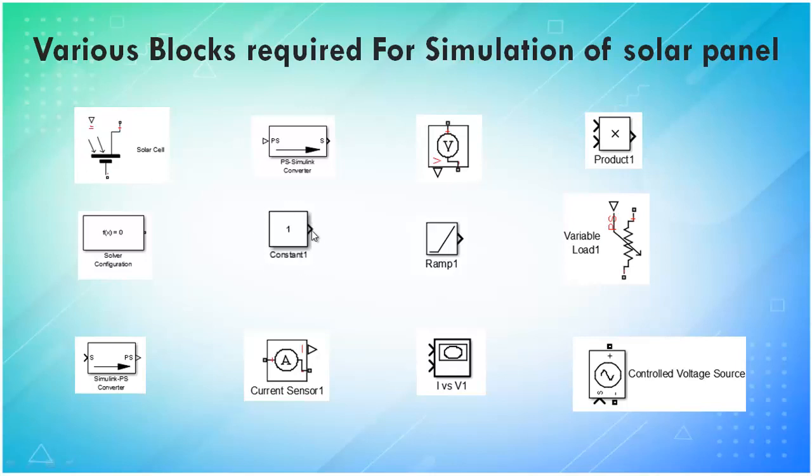For example, this constant and this ramp all come under Simulink blocks, so you cannot directly connect them. To connect from Simscape to Simulink blocks, we use the PS to S and S to PS blocks. Then the two more things are the current sensor and voltage sensor.